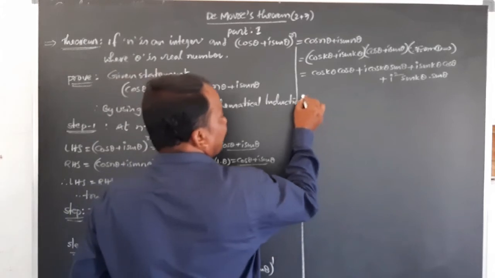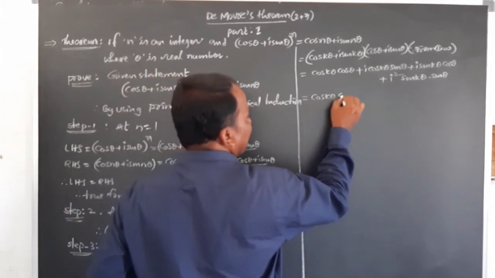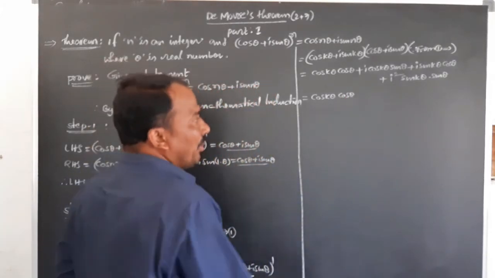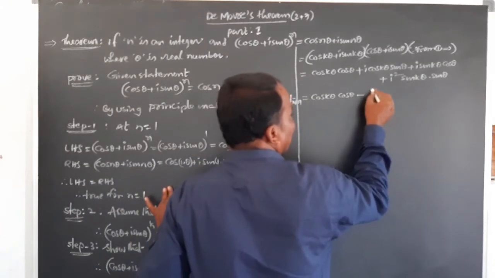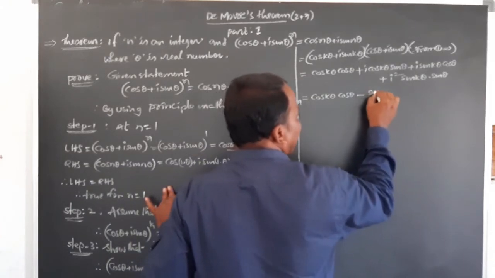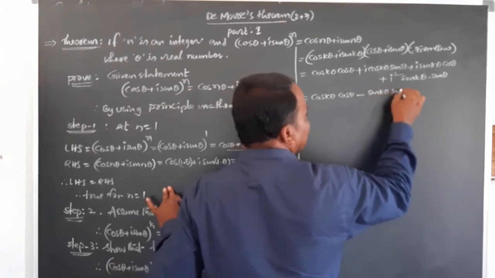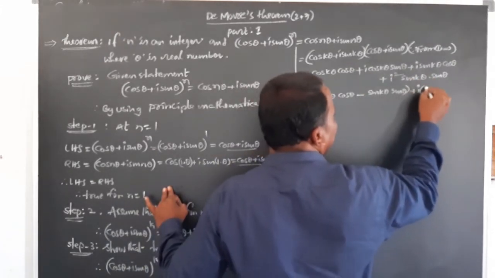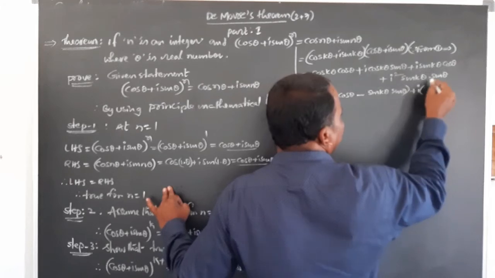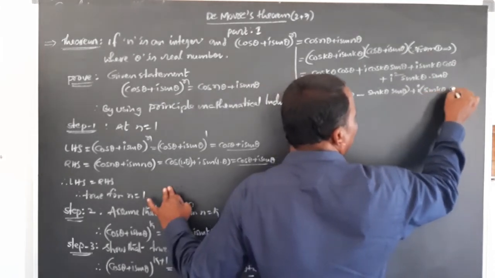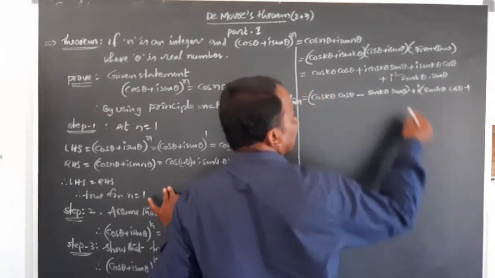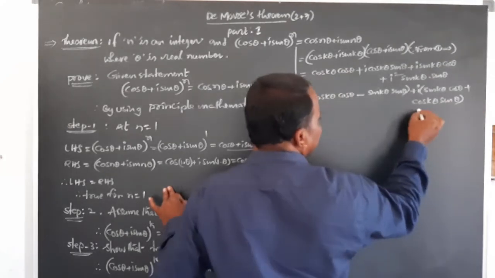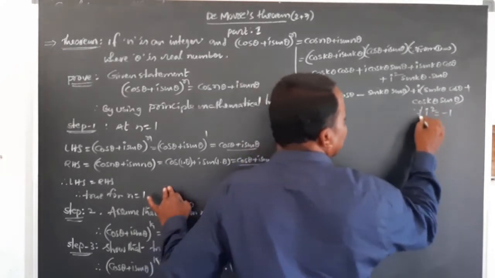Okay. Here i squared equals minus 1. Write here the real part: cos k theta cos theta minus sin k theta sin theta. Plus, take the common i: sin k theta cos theta plus cos k theta sin theta, since i squared equals minus 1.